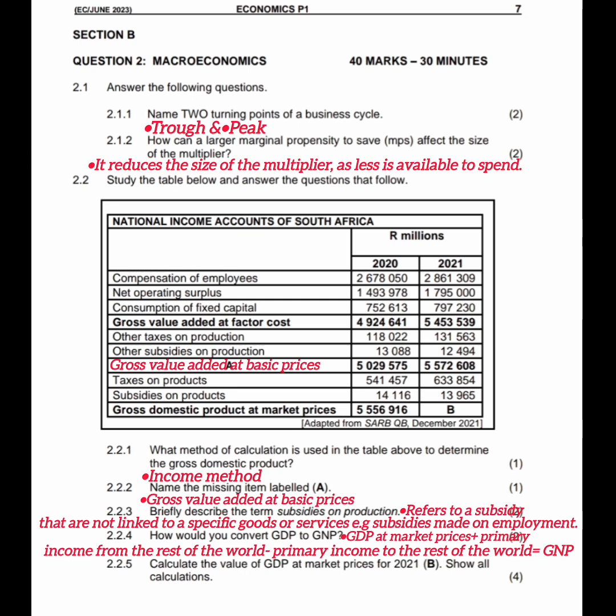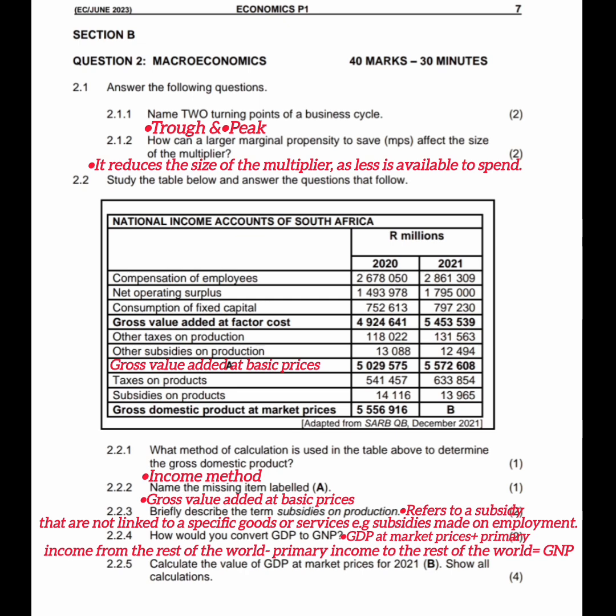2.2.5. Calculate the value of the GDP at market prices for 2021, B. Show all calculations. So we're going to say our gross value added at basic prices plus taxes on products minus subsidies on products.